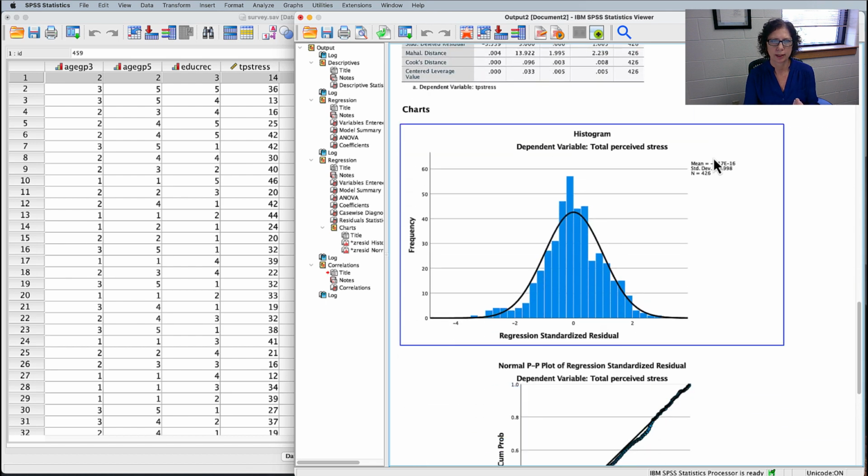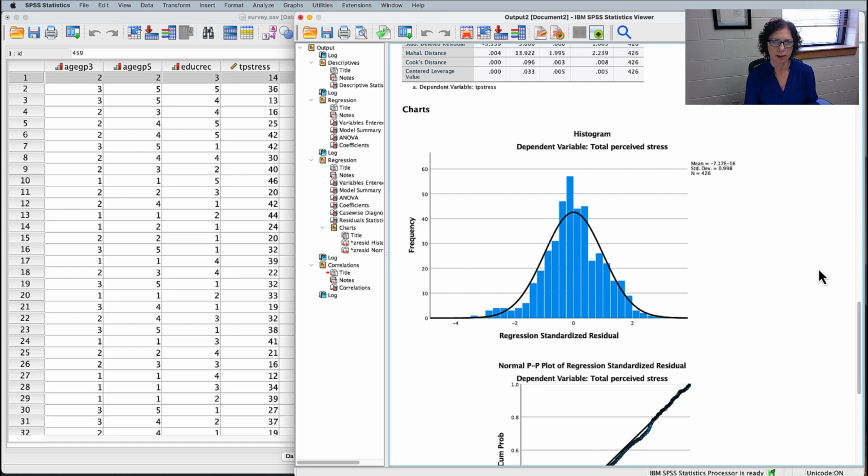So here is the standardized residual, and these were from the plots that we asked for. So we have a nice histogram of standardized residual, and it's got a normal curve overlay on it, so we can do a visual inspection of this histogram.